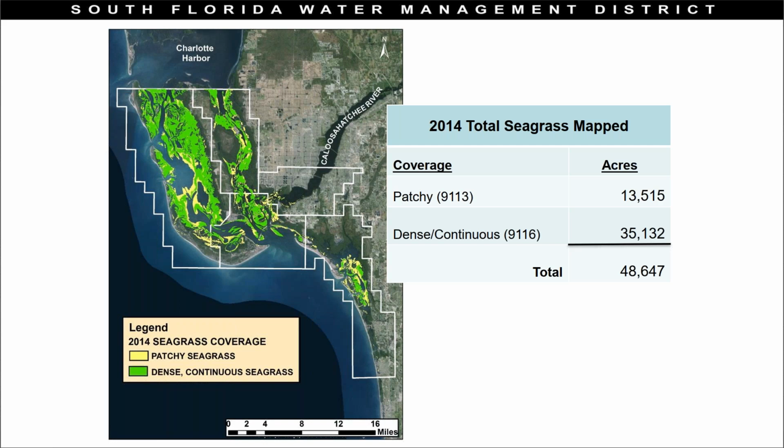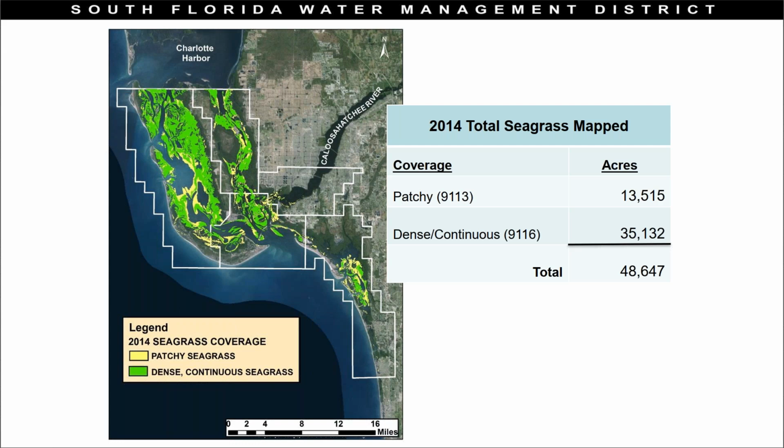So in 2014, we had 13,000 acres of patchy areas, and dense continuous, we had 35,132 acres, for a total of 48,647 acres mapped for these 5 segments.